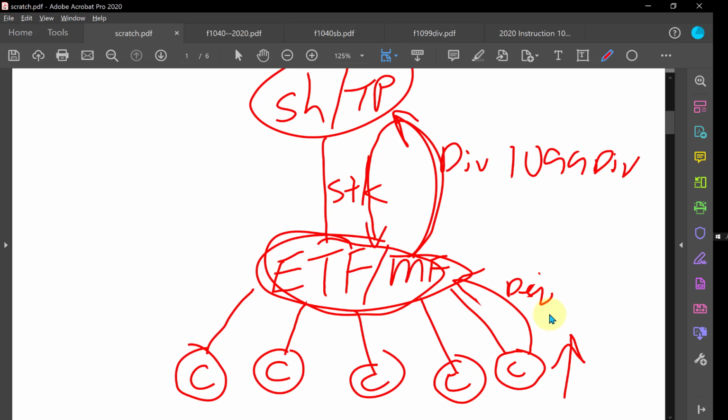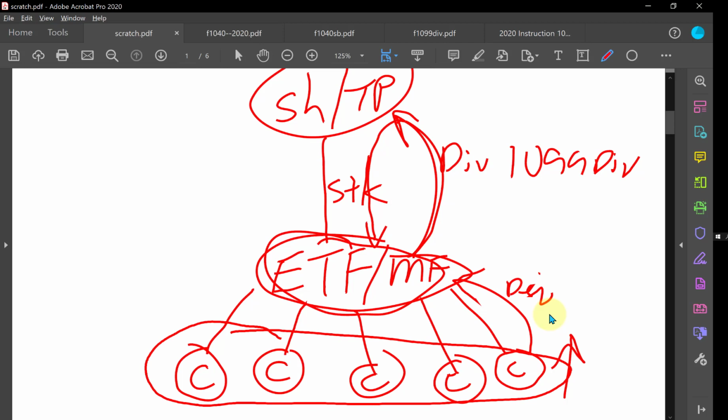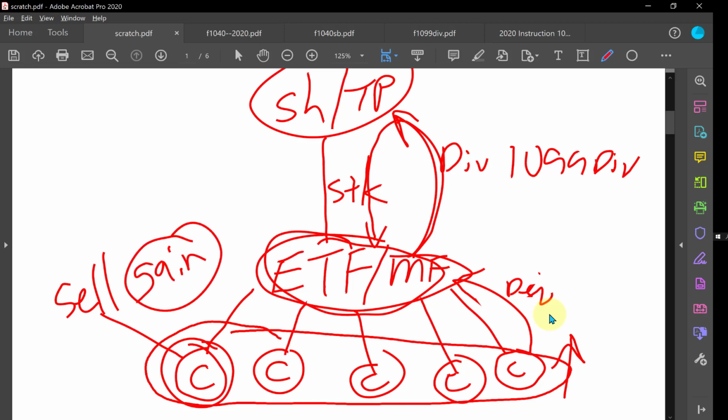Now, this portfolio of stocks may not be something that the exchange traded fund wants to keep forever. So maybe they'll sell one of these stocks and they're going to have probably a gain on the sale. This gain is just more profit that now has to be distributed to the shareholders, called a capital gain distribution.